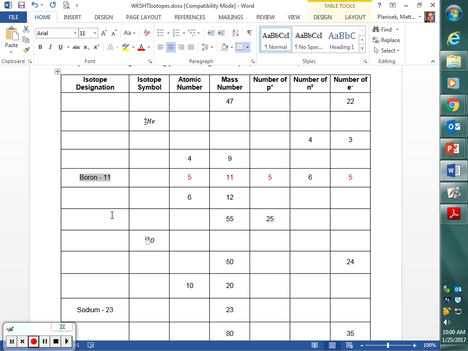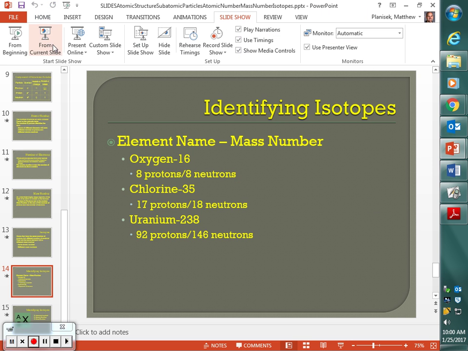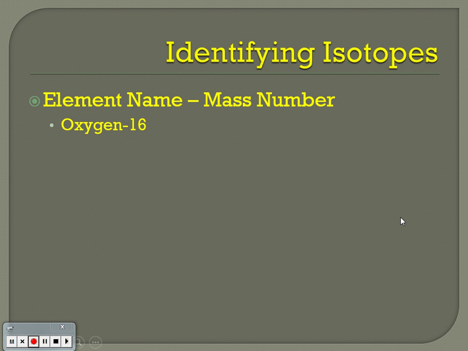So we can tell how many protons it has by knowing what kind of element it is, but then we can also tell how many neutrons it has by subtracting the atomic number from the mass number. Good there?